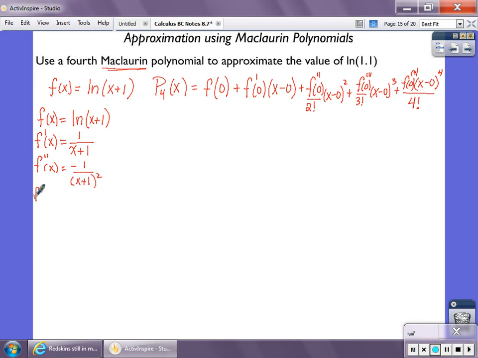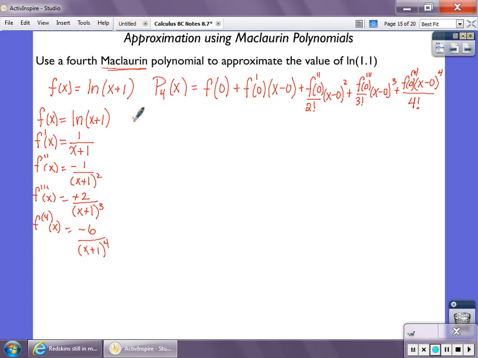The third derivative is going to be positive 2 over x plus 1 raised to the third power, because this is negative 1 times x plus 1 to the negative second power. Bring out the negative 2, it makes it positive, subtract 1. And then the fourth derivative is going to be negative 6 over x plus 1 raised to the fourth power.